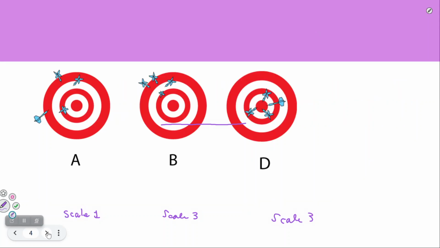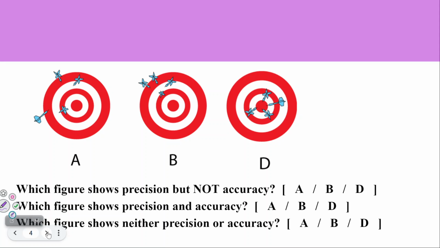Okay, so let's erase all of this. Moving on, we have 3 sets of bullseyes here labeled A, B, and D. The question asks, which figure shows precision but not accuracy? Remember, precision is the closeness of those measurements to each other.